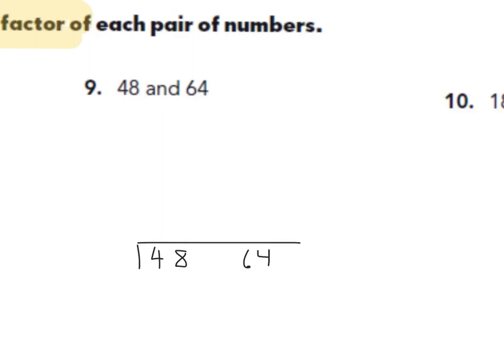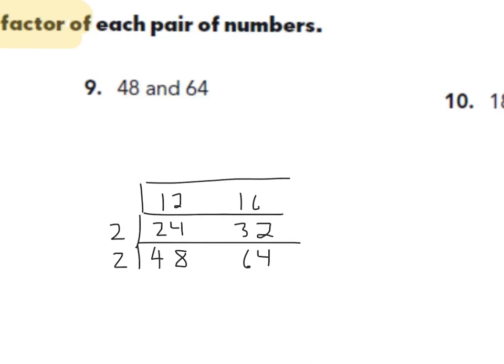Well, I know they're both divisible by 2 because 48 divided by 2 is 24, and 64 divided by 2 is 32. Then I'll look at these next two numbers and say, can they be divided by anything? And since they're both even, I know they can both be divided by 2 because I've got 12 here and 16 here. And these two can also be divided by 2 because I've got 6 here and 8 here.